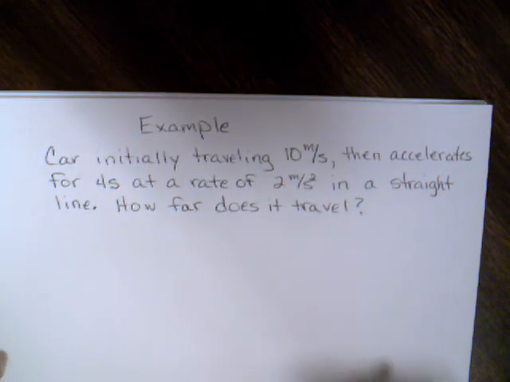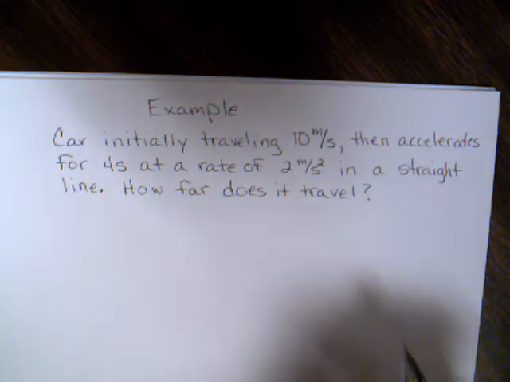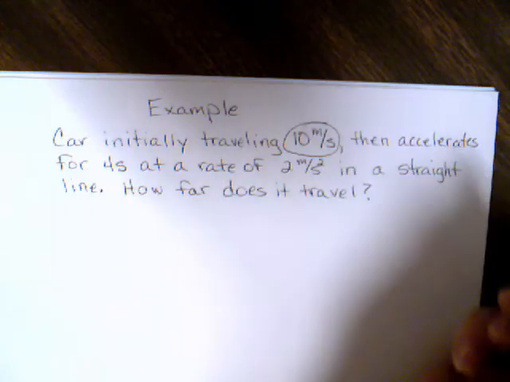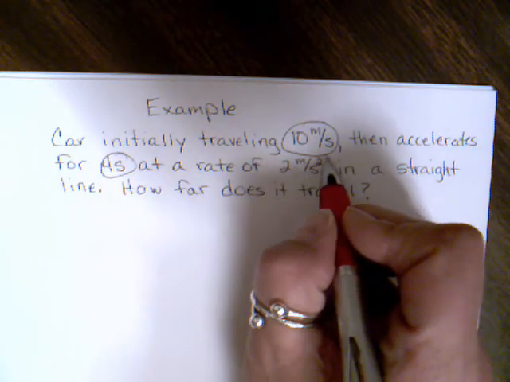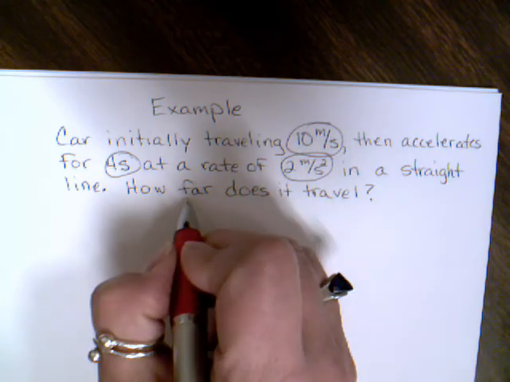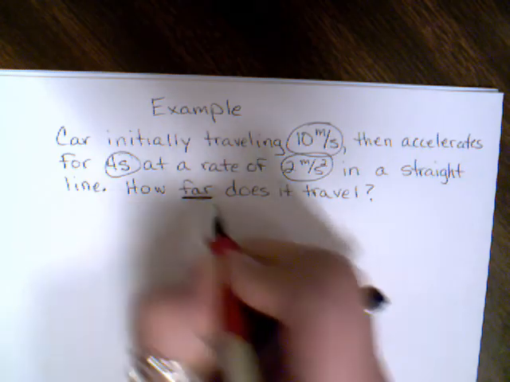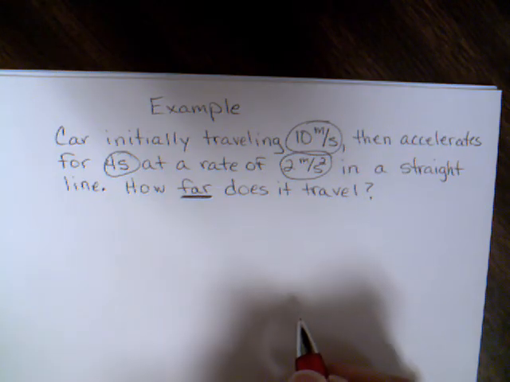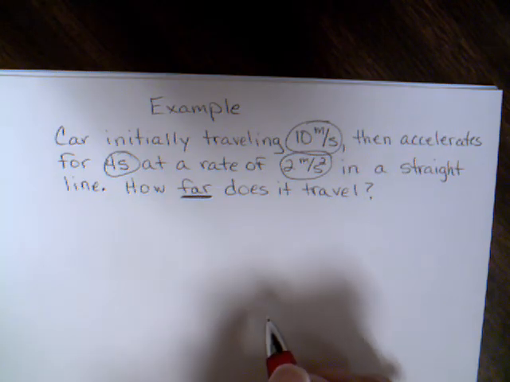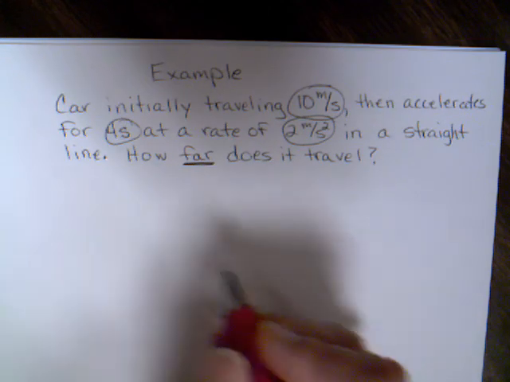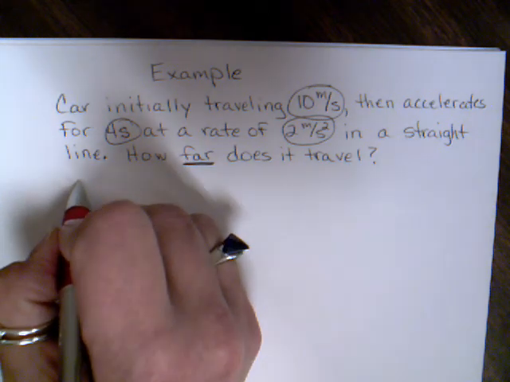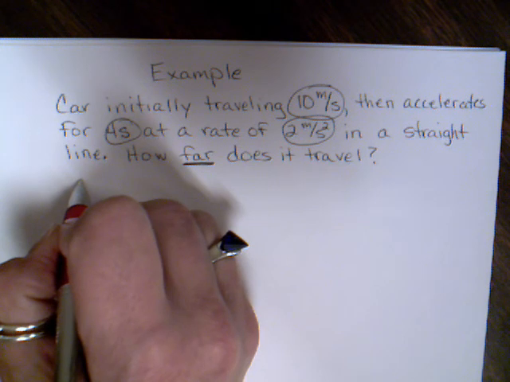The first thing I like to do when I'm working problems is to circle what I'm given and underline what I'm looking for. The second thing I like to do is list all of my variables here, all of those variables that are in that Big Five.